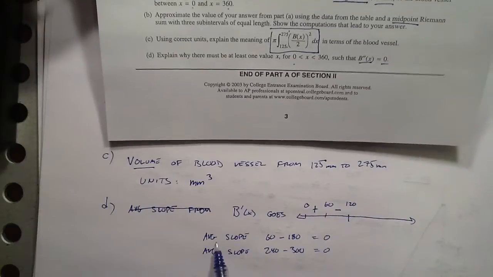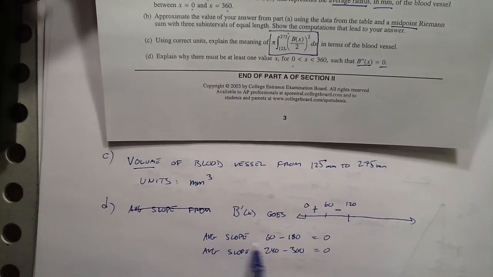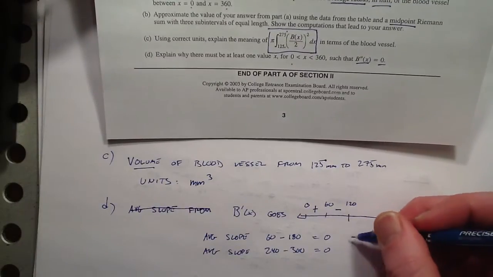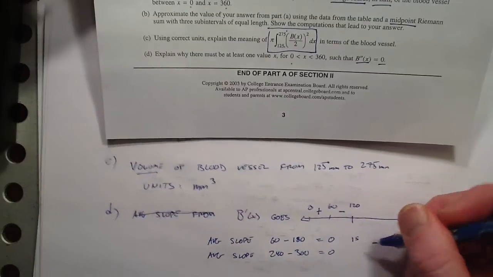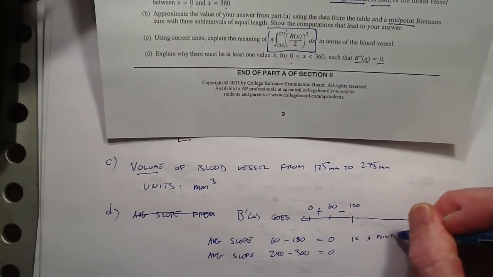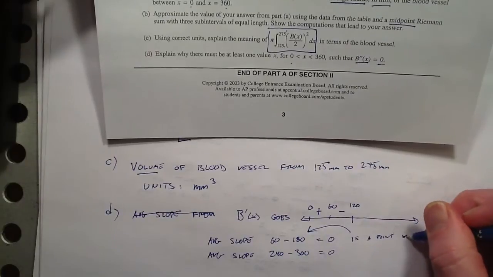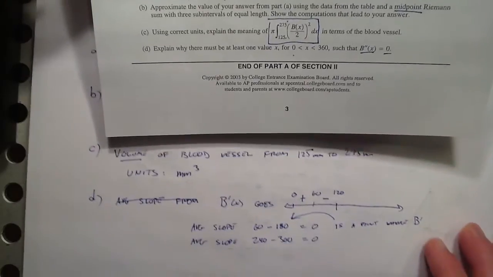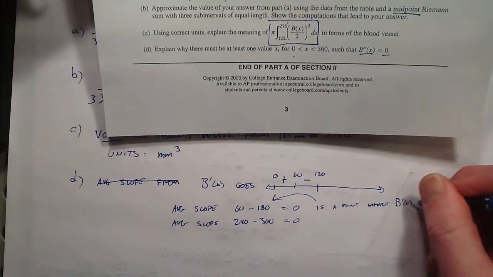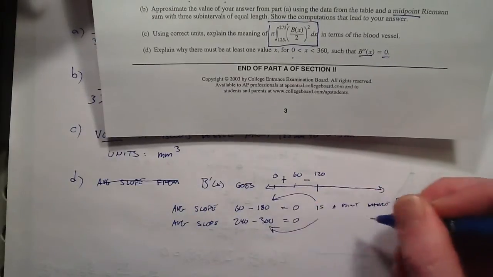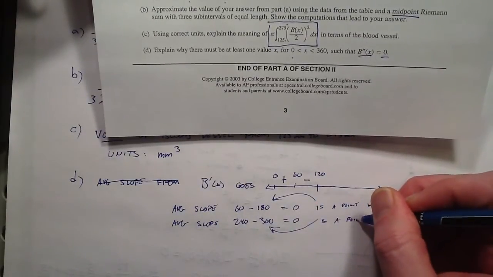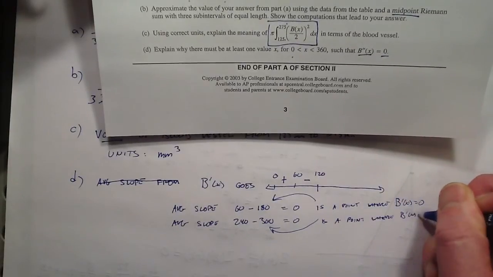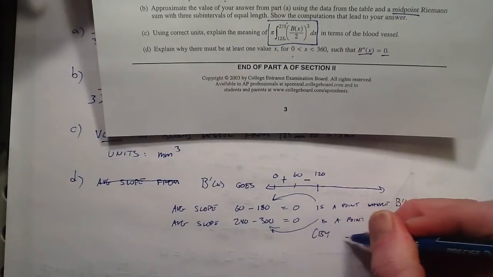Now, the mean value theorem says the average slope has to be attained by the function, so that means there is a point in here where the derivative is 0, and also there is a point in here where the derivative is 0, by the mean value theorem.